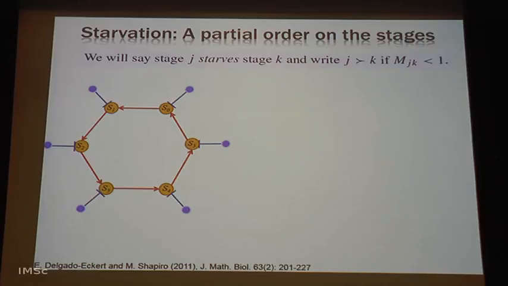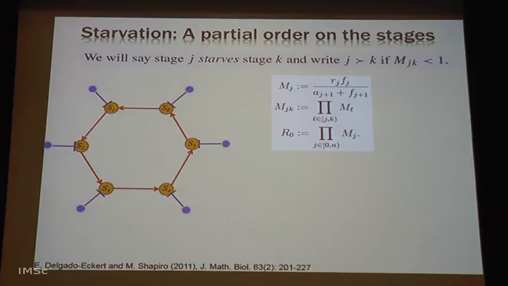So you can always order them in a way that you know which are the maximal ones, which are the minimal ones. So it turns out that we can do this for the stages in the cycle, and this order is not related to the order given by the direction of flow. It's a different order, so don't be confused by that.